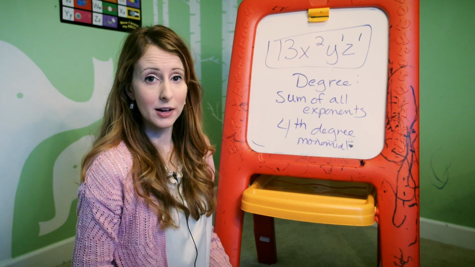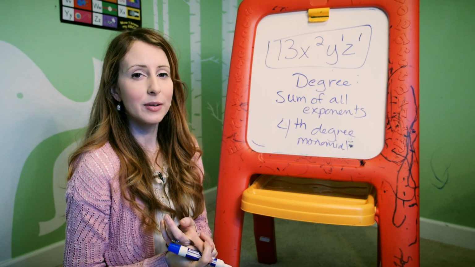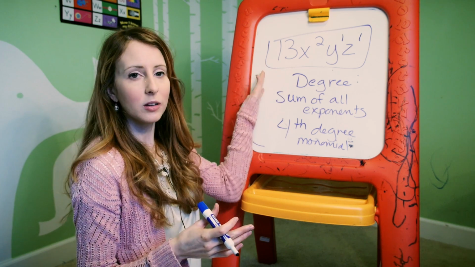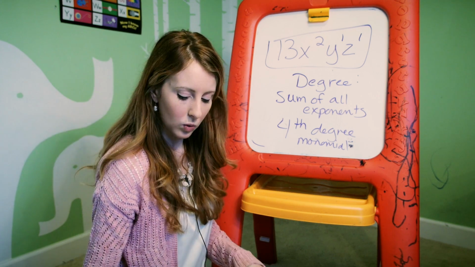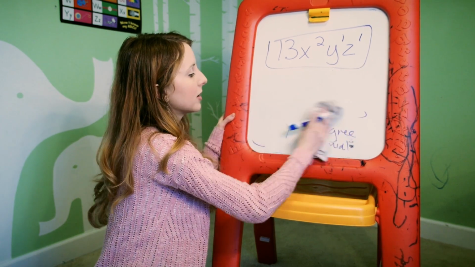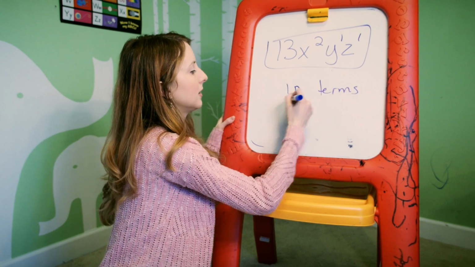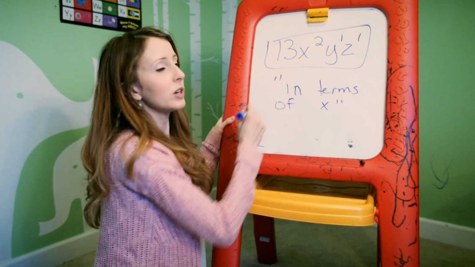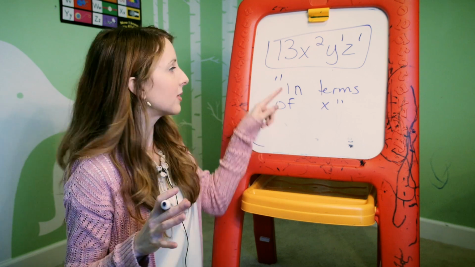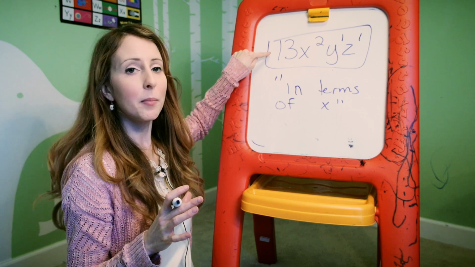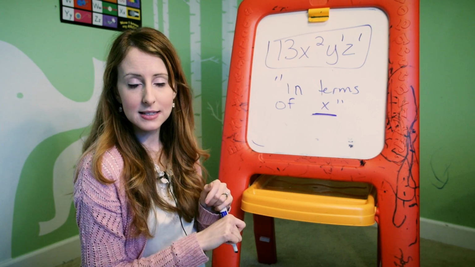Now, one thing to watch for is they might ask you to find the degree of a particular monomial or polynomial in terms of x, and you want to watch for that particular expression. When you see it, a big red light should go off, because they want you to find the degree of this monomial, but they only want you to look at the x exponents.